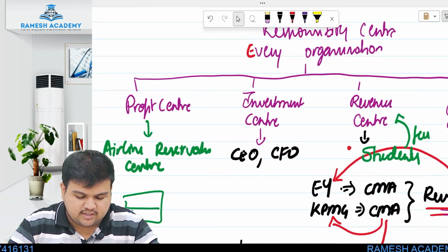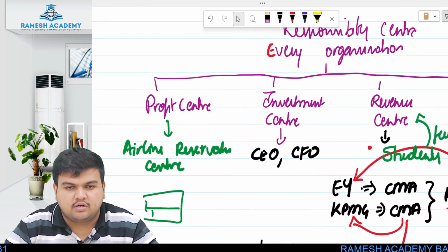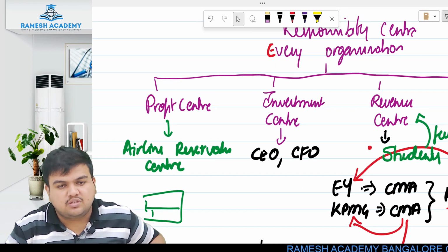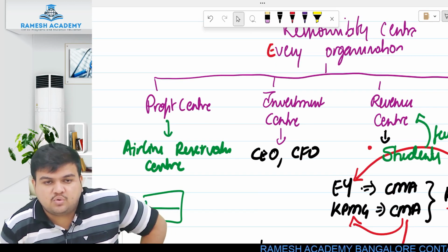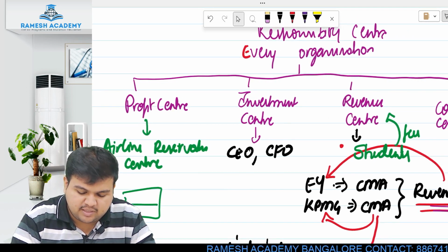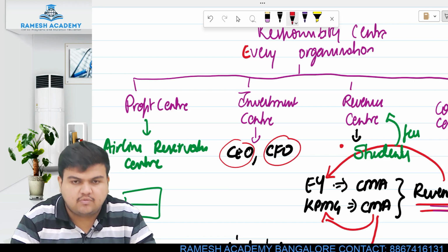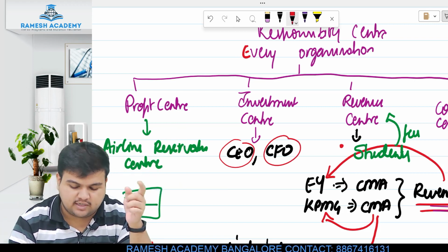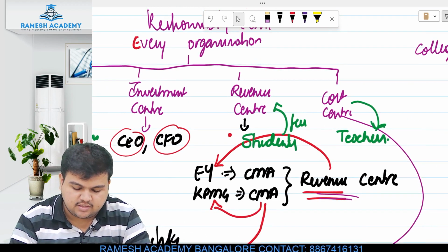For example, an airline reservation center, where Indigo puts its own small office, is responsible for the salary of the employees and also the revenue it collects, so that center is a profit center. An investment center is responsible for making decisions, like whether I should buy a new building, whether I should put in a new product line, everything.